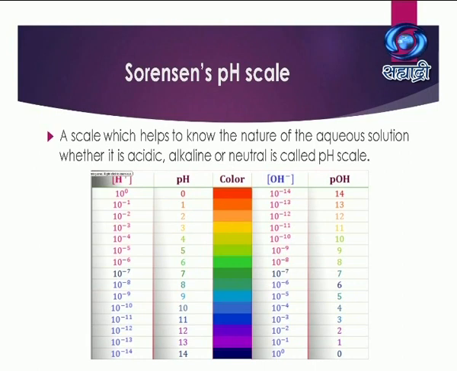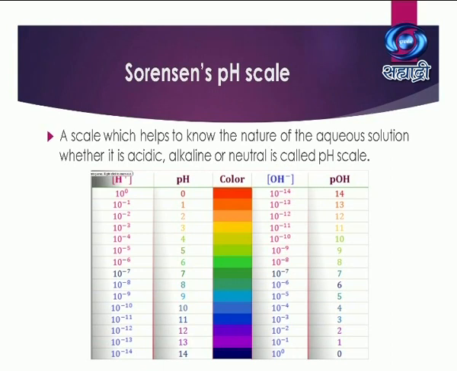And if you go through the definitions of pH and pOH, what is the definition of pH? pH is equal to minus log to the base 10 of the molar concentration of H plus ions. So H plus ion concentration can be found as 10 raised to minus pH.